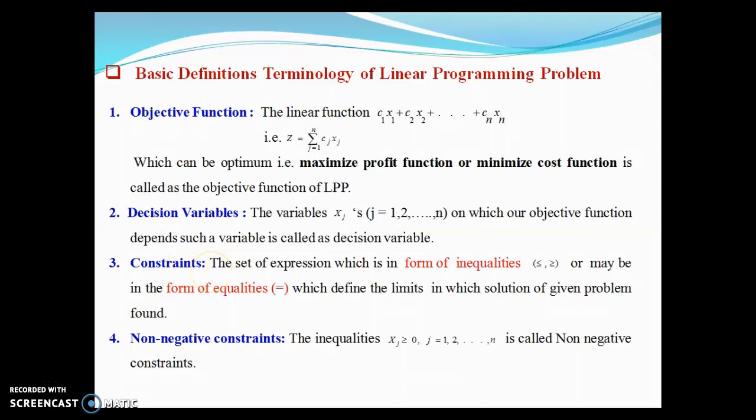As per the first slide, constraints mean the set of expressions in the form of inequalities, like this notation, either less than or equal to or greater than, or maybe in the form of equalities. Such expressions define the limits within which the solution of the given problem is found, and are called constraints.